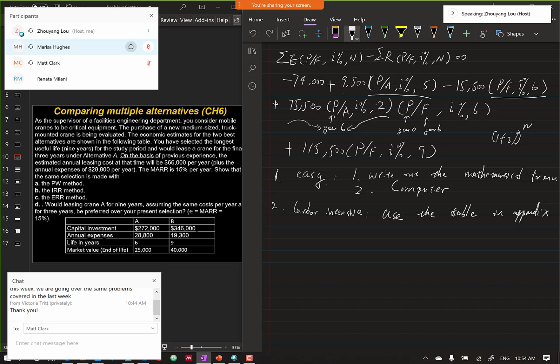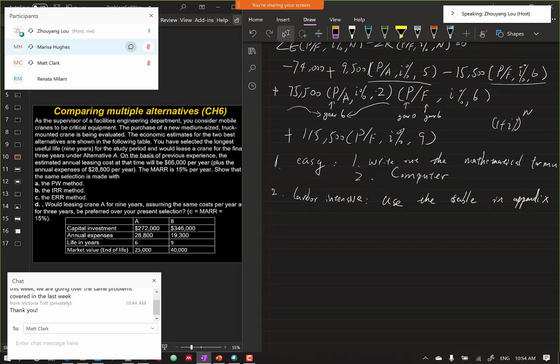Maybe you can find one a little bit larger than 0 and one a little bit less than 0, and you can do linear interpolation. But the point I want to make is that here we don't really focus on how you get this number, so I don't really jump into the calculation part. I also don't think in your future tasks you will be asked to do complicated computations like this in a written exam, so don't worry about that.